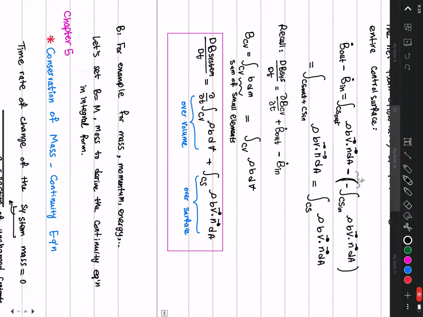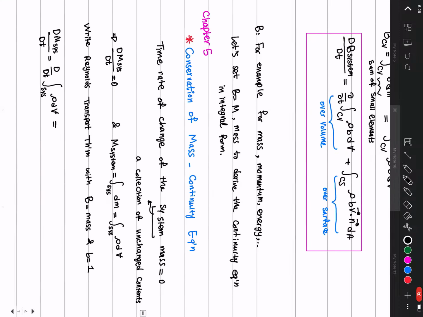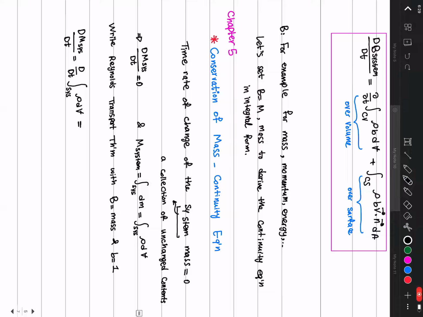So it's going to be d over dt of the system integral of rho dv equals partial over partial t of the integral over cv of rho dv, plus the integral over the control surface of rho v dot n dA.